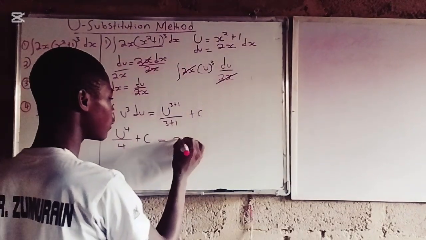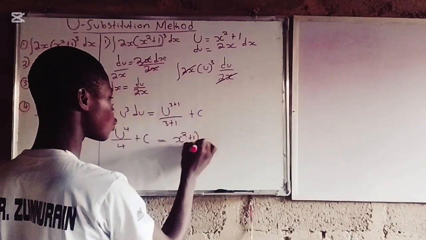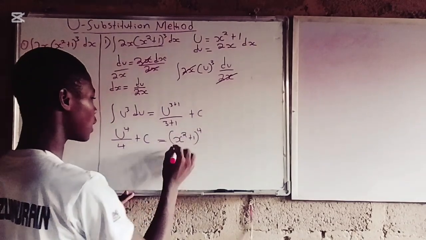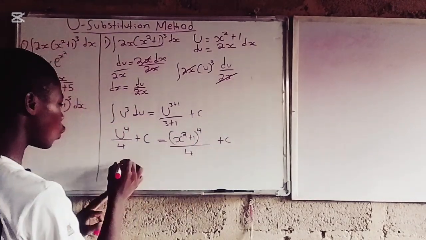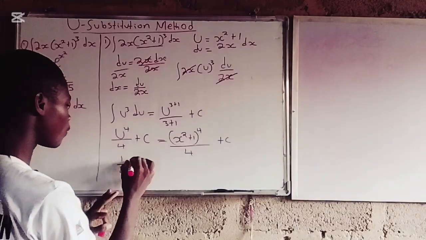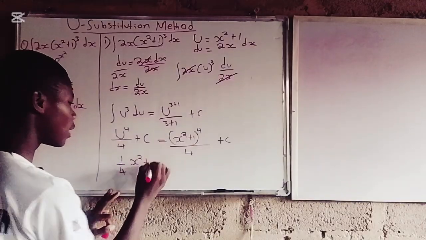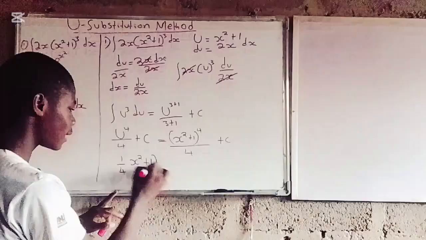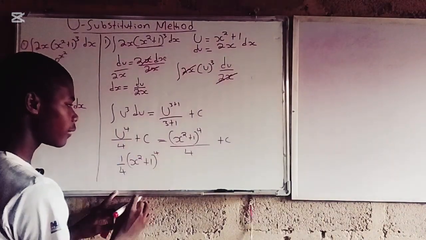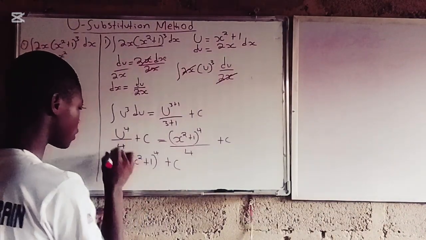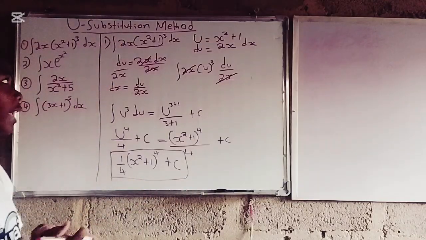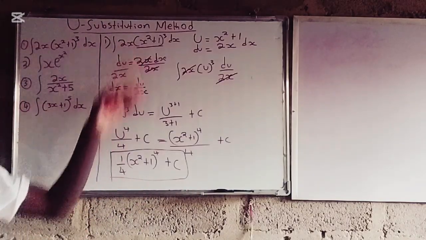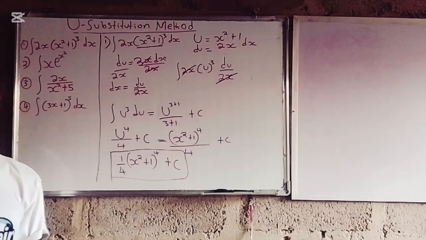So u is now x squared plus 1, to the fourth power, divided by 4 plus the constant of integration, or 1 over 4 times (x squared plus 1) to the fourth power plus c. So this is the general solution to this integration by using the U-substitution method.